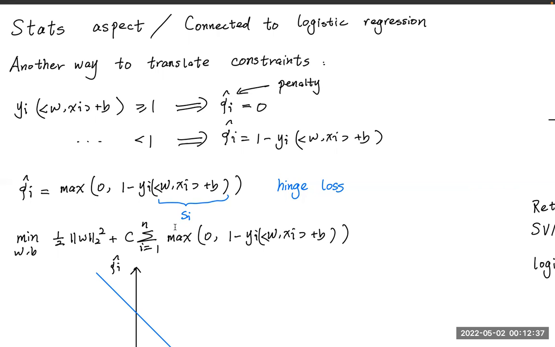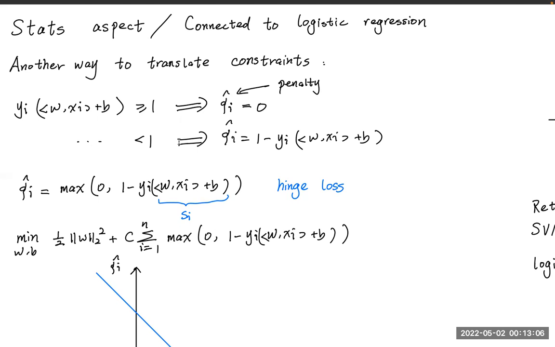Remember that for this slackness, if this y_i times the linear score in the linear case is bigger than or equal to 1, that means it is perfectly safely behind this safety boundary, right? And then we don't need to pay any penalty, or we don't need to buy any slackness. So psi_i is just equal to 0. But if this number is less than 1, it goes beyond the safety boundary.